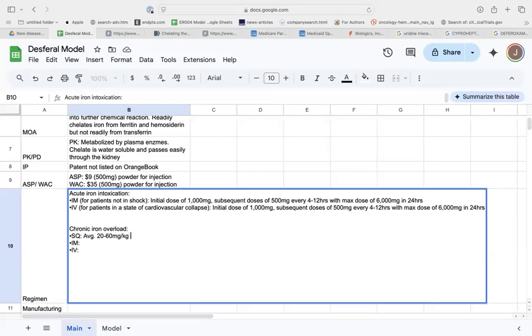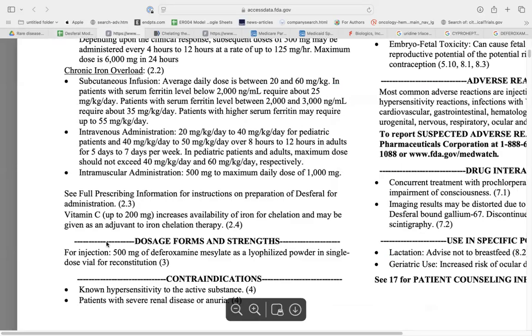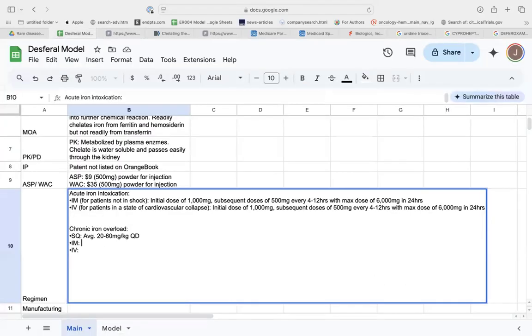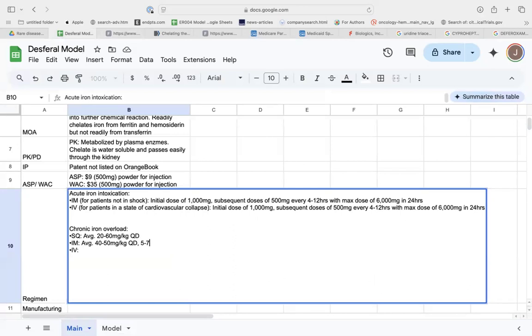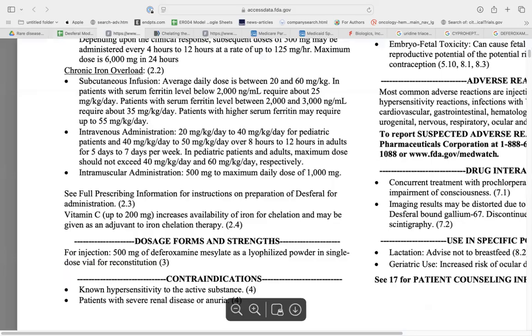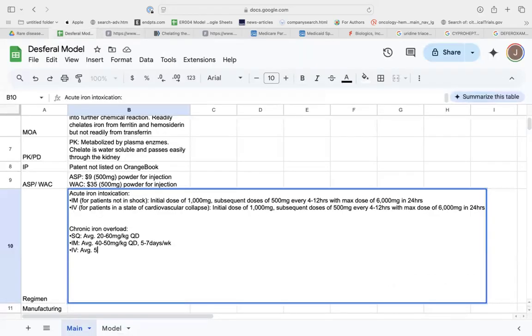Or you know what, let's use milligrams per kilogram daily. Okay. 1,000 milligrams.